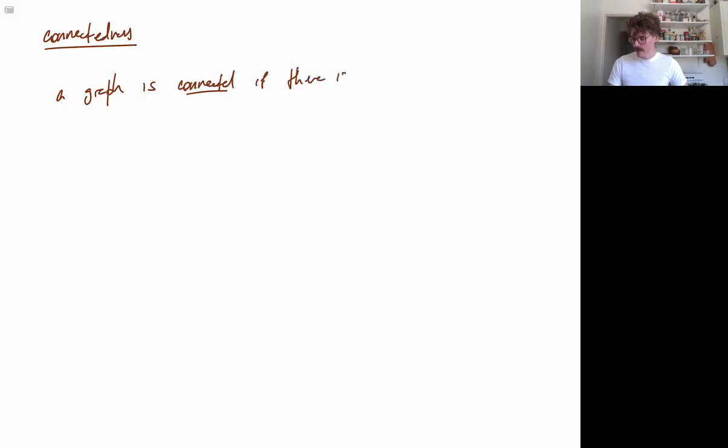So now that we have defined paths, we can define a very important concept for graphs, which is connectedness. So a graph is connected if there's a path between any two vertices.